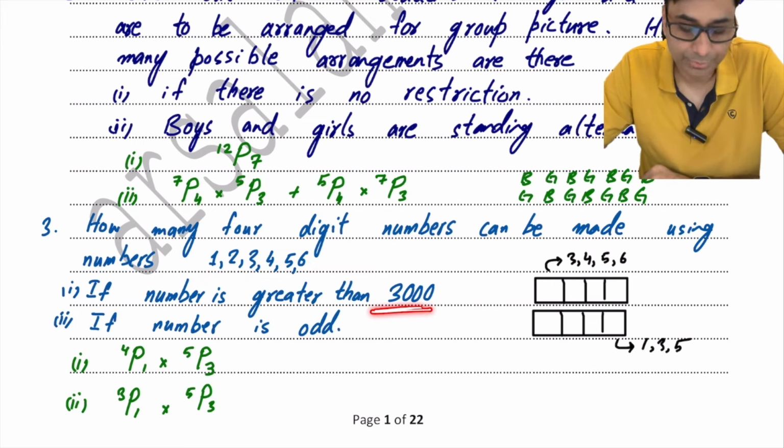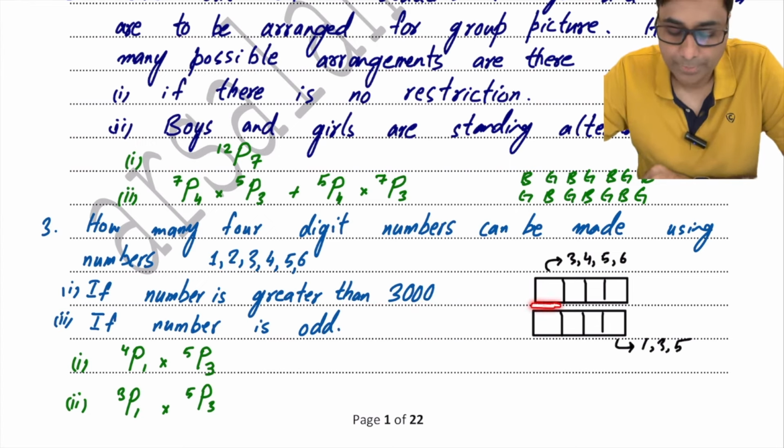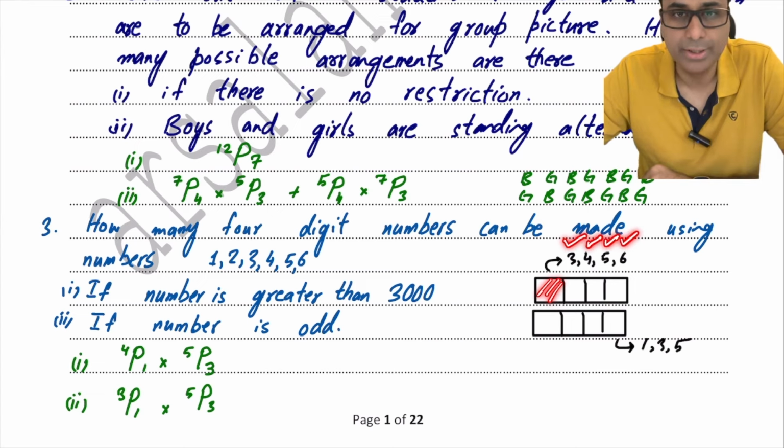It says the number has to be greater than 3000. How would I make sure that the 4-digit number is greater than 3000? By making sure that its first digit is not 1, because if it's 1, it would be less than 3000. If it's 2, it will be less than 3000. So my first digit can be either 3 or 4 or 5 or 6. That will make sure that it is greater than 3000.